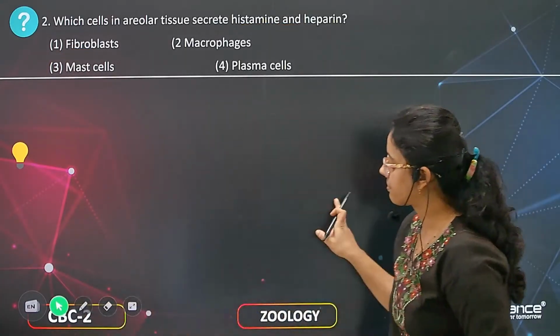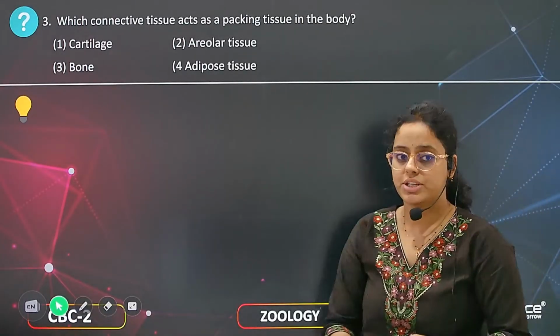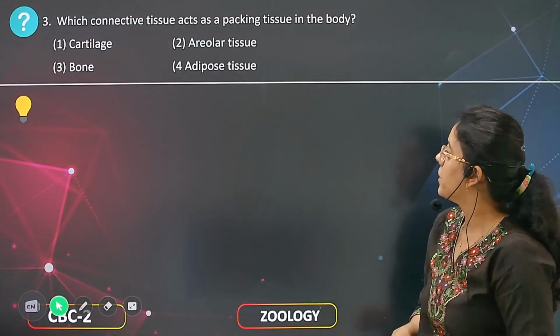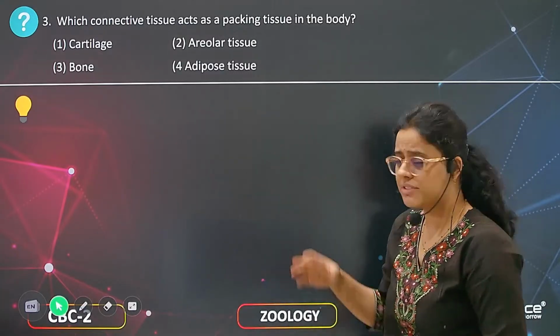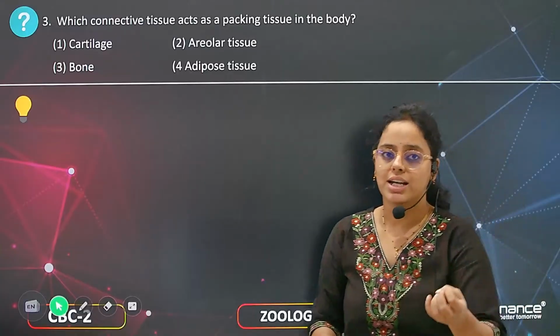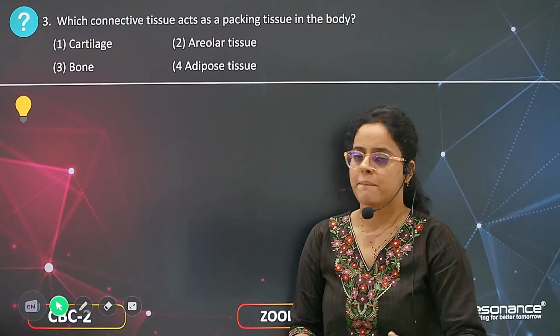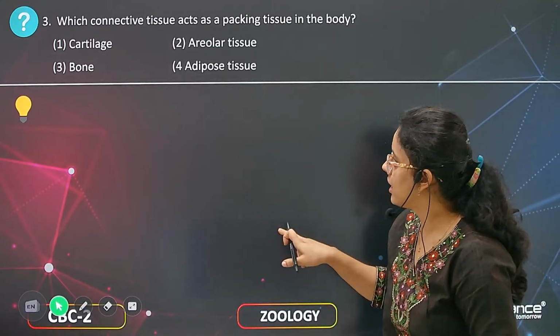Now, next question. Which connective tissue acts as a packing tissue in the body? As I've discussed just now, is the packaging tissue cartilage, areolar tissue, bone or adipose tissue? Any guesses? The answer here is areolar tissue.